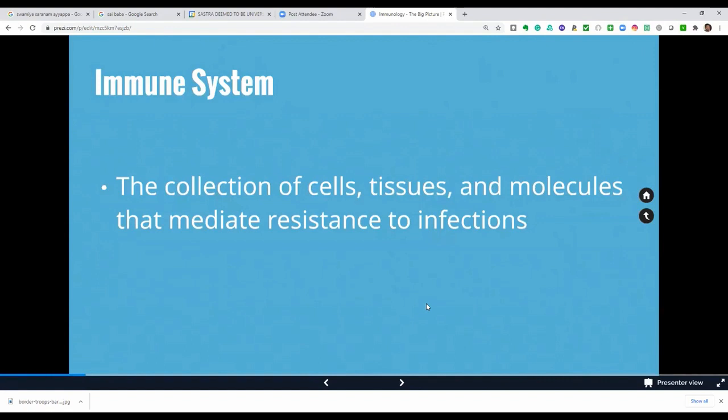What they do is mediate the resistance; they can stop the infection that can be caused by the entry of that microorganism into the body.